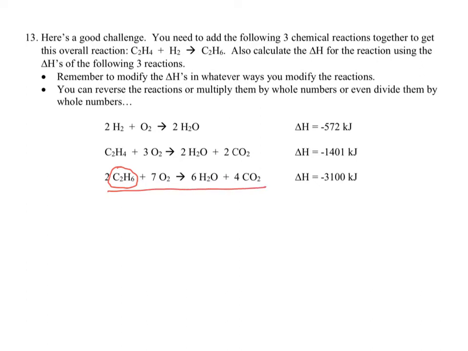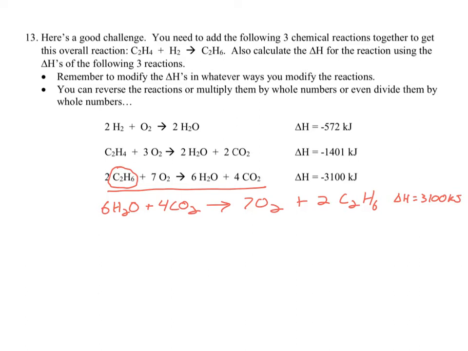So it's going to be 6H2O plus 4CO2 produces 7O2 and 2C2H6. Now, because I flipped the reaction around, I also have to change the sign on the delta H. And so now the sign becomes a positive 3,100 kilojoules.